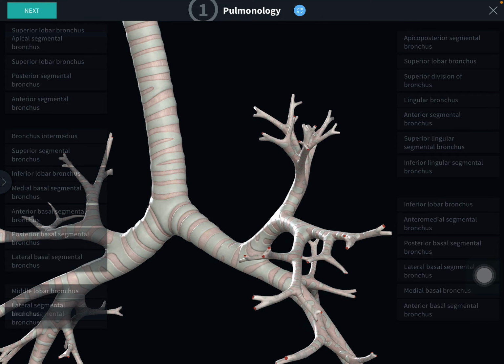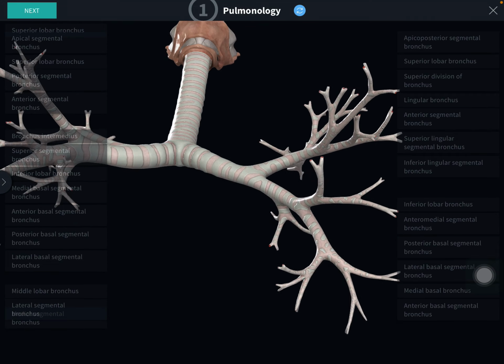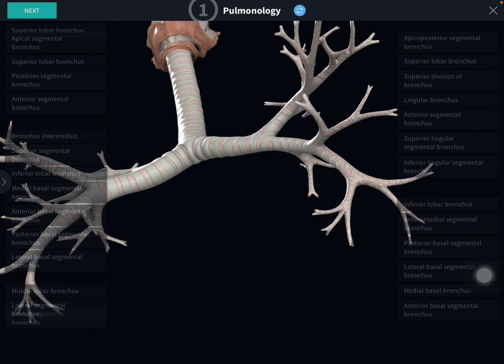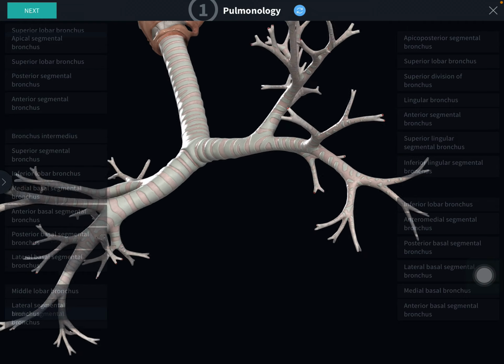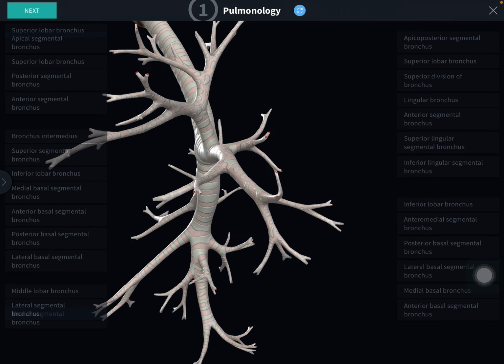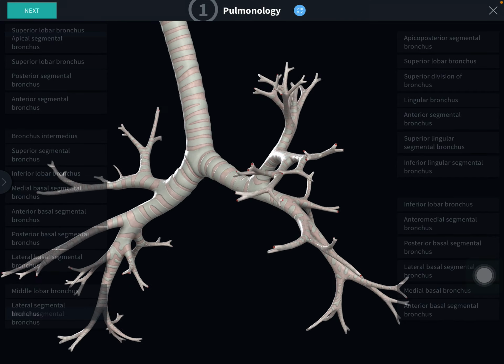Lower lobar bronchus now. The lower lobar bronchus passes downwards, laterally, backwards and divides usually into 4 tertiary bronchi: apical, anterior basal, lateral basal and posterior basal.